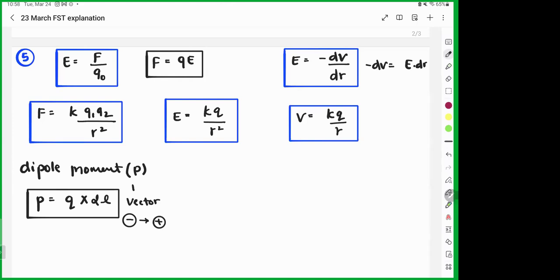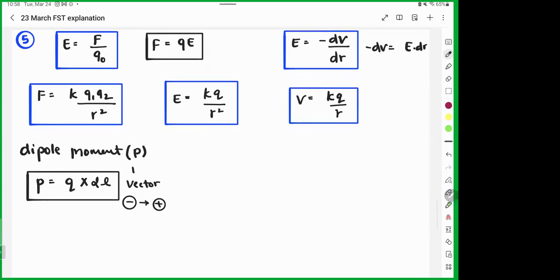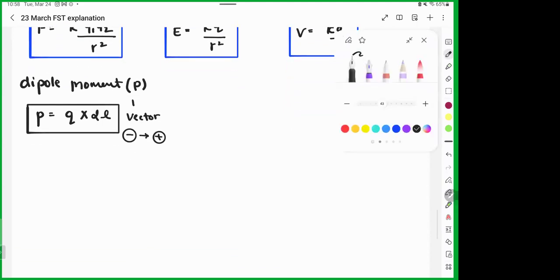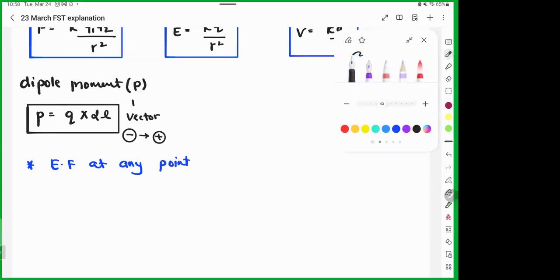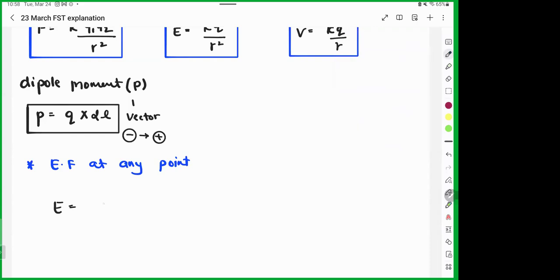If you understand this, then you will use one popular equation: electric field because of the dipole at any point. It will be electric field is equal to Kp by r cube, under root 3 cos square theta plus 1, at any point.